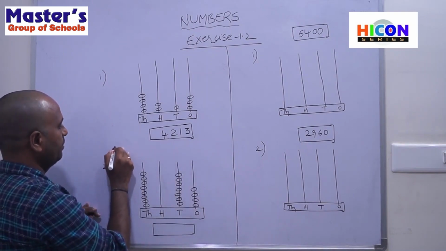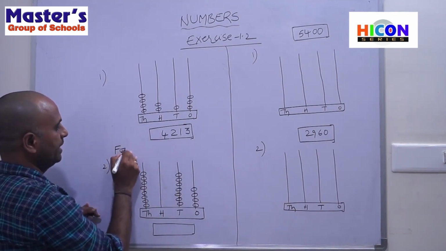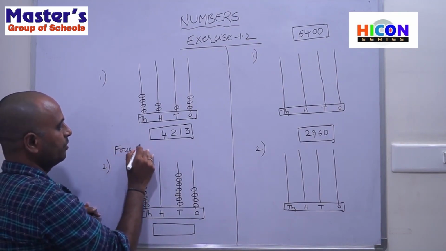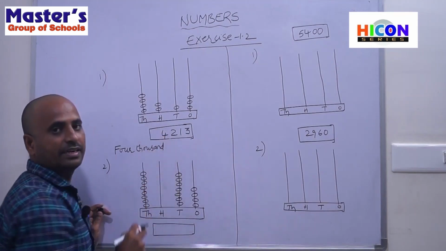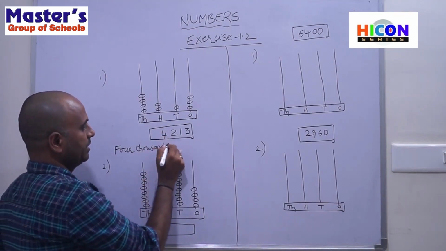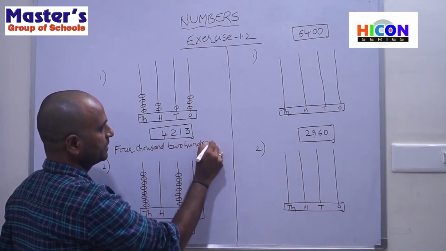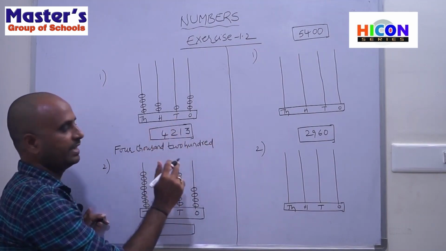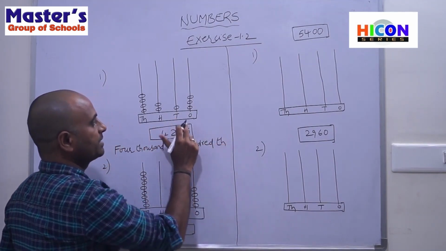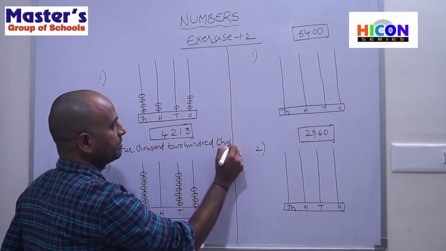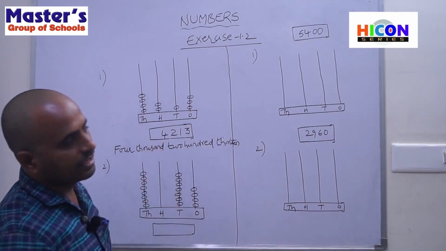So if you write the number name, 4 is present in thousands place, so it becomes 4000, and 2 is present in hundreds place, so it becomes 200, and 1 is present in tens place and 3 is present in ones place, so it becomes 13. So this is the number name for the given number.